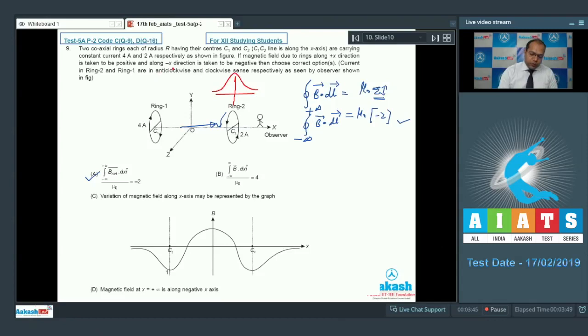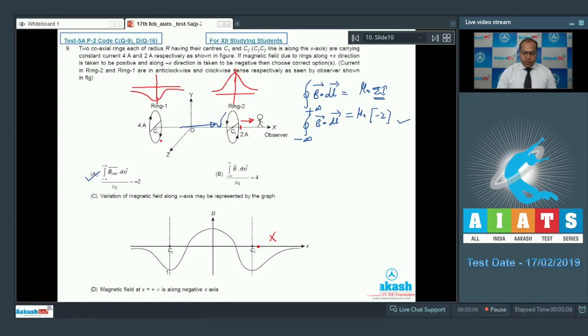And due to ring 1, the magnetic field variation is like this, because the magnetic field due to ring 1 is in negative x direction. So if I consider some point here which is close to ring 2, then at this point the magnetic field must be in positive x direction. But if I see at this point, the magnetic field is negative, so it is a wrong representation.